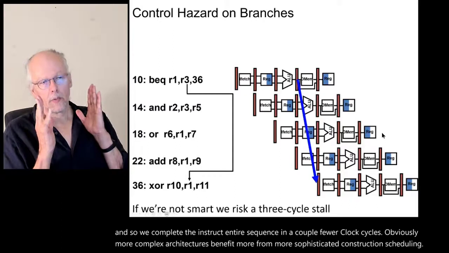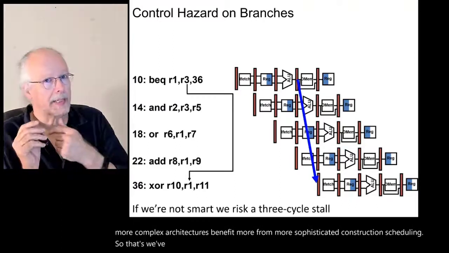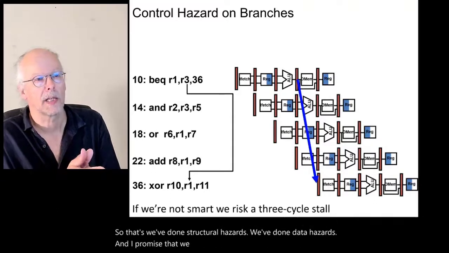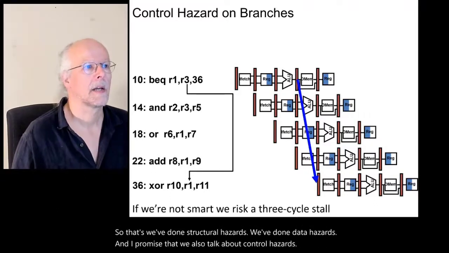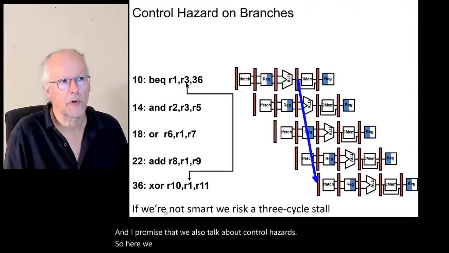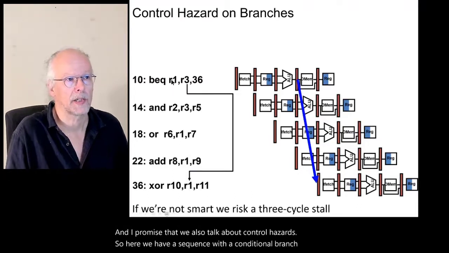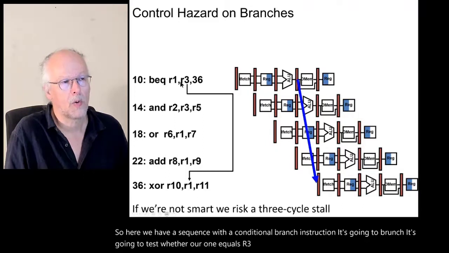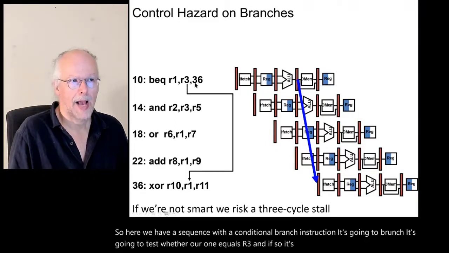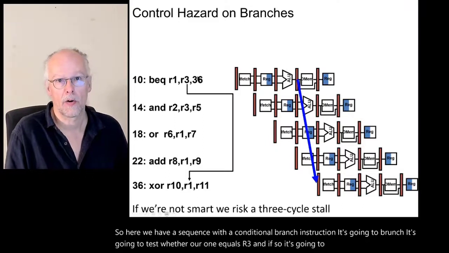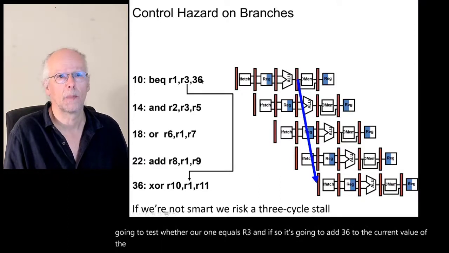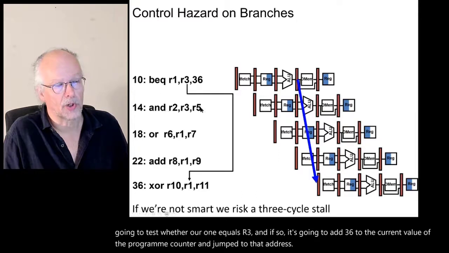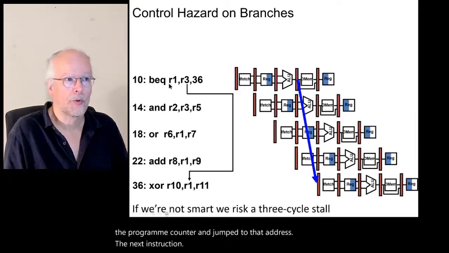So we've done structural hazards, we've done data hazards, and I promised that we'd also talk about control hazards. So here we have a sequence with a conditional branch instruction. It's going to test whether R1 equals R3, and if so, it's going to add 36 to the current value of the program counter and jump to that address. The next instruction is the fall through case for this, right?